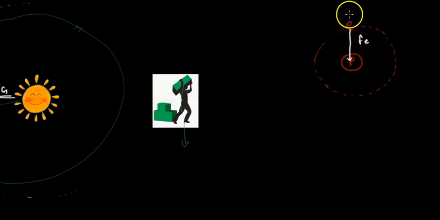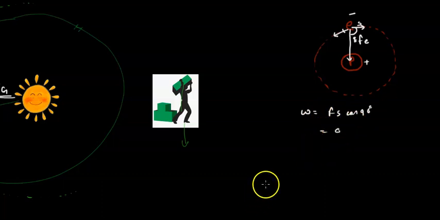Because the electron is negative and the proton, which is in the nucleus, is positive, the proton attracts the electrons constantly, and the electrons revolve in this way. For a very small fraction, this will be a straight line. Suppose it is moving in this direction, and here it will be 90 degrees. So what will be the work over here? Again, F s cos 90, and this will be 0.